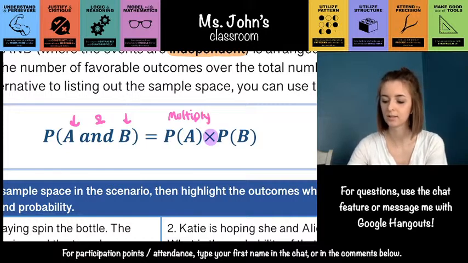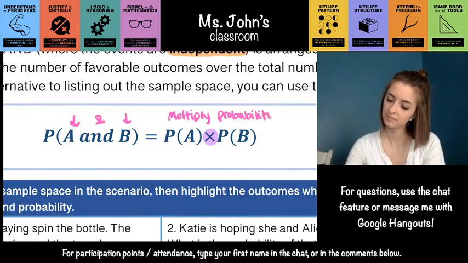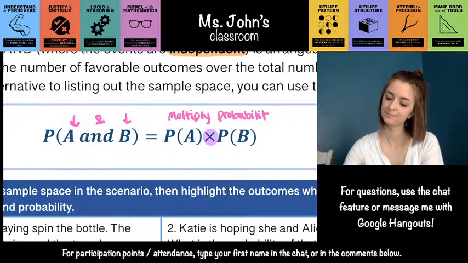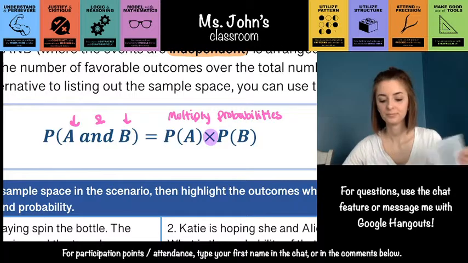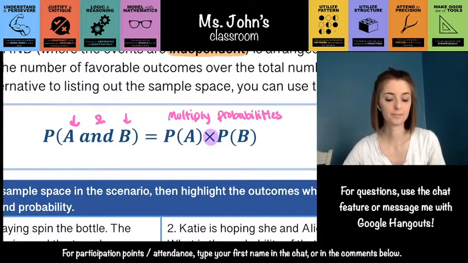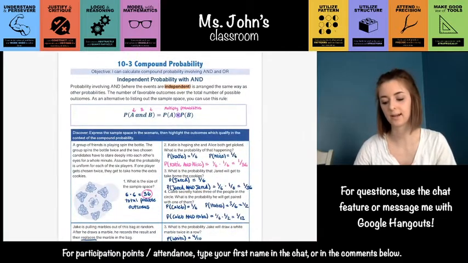Multiply probabilities. Okay. Great, so that's not hard. You just multiply the probabilities if you're calculating AND probabilities, right?